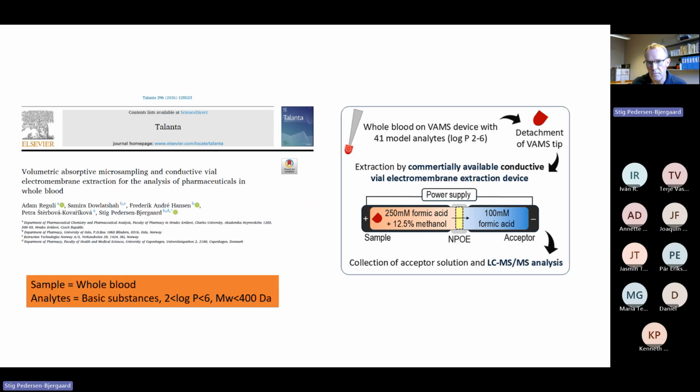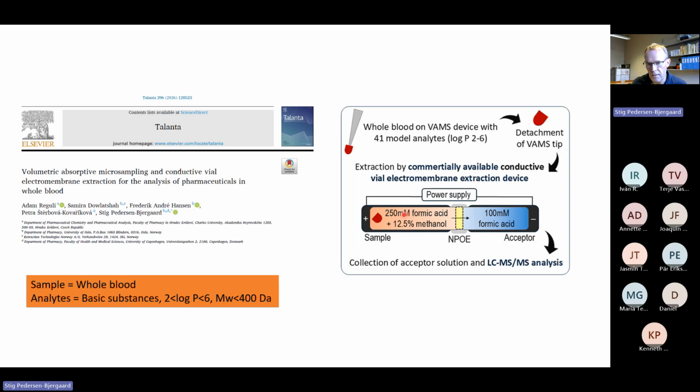And then you sample the sample with this VAMS device, and then you detach the tip with the blood sample. And in our case, we put that directly into a sample vial for EME, and we added formic acid with some methanol as the desorption liquid.